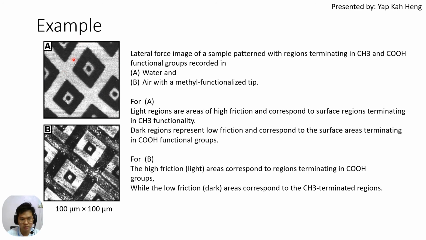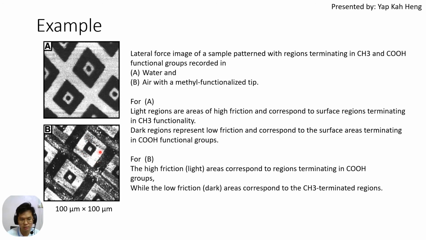For the light regions here, it shows high friction, terminating in CH3 functionality, and the region over here is the low friction, terminating in the COH functional group. In B, we have another case. In B, same thing: the light area represents the high friction, but here it is terminating in COH.